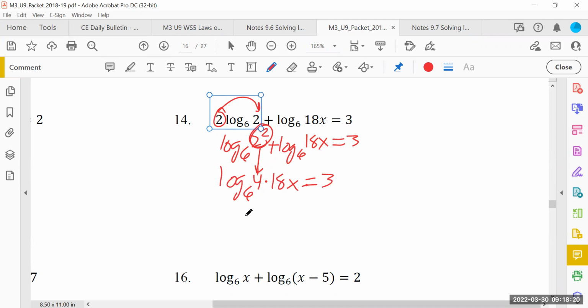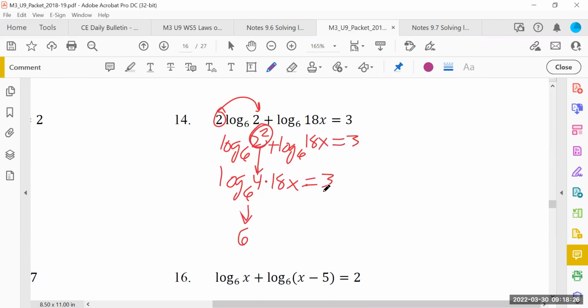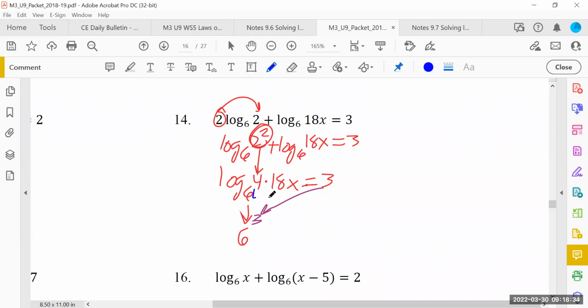And then I'm going to bring the 6 down, and bring the 3 over to be my exponent. And then the 4 times 18x. Is everybody good with 4 times 18x being 72? 18 times 4, 72x.